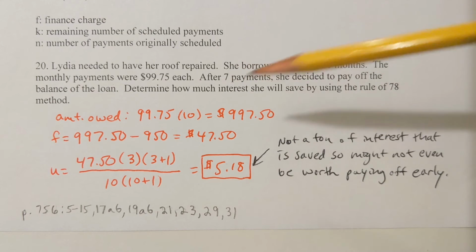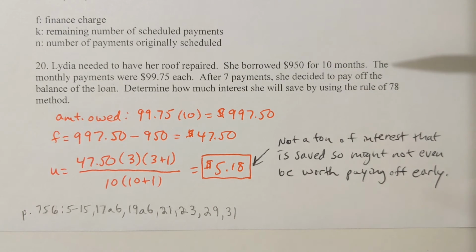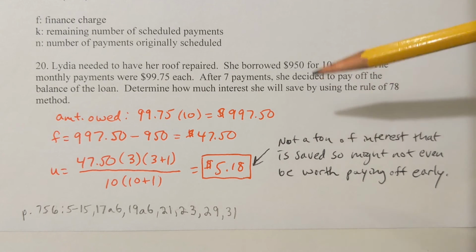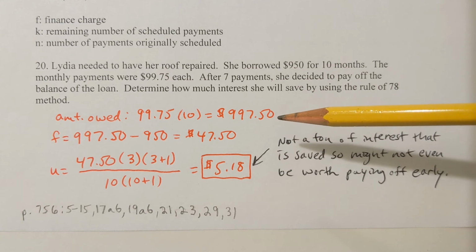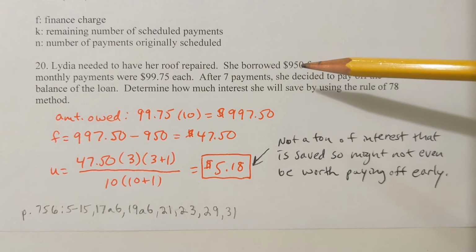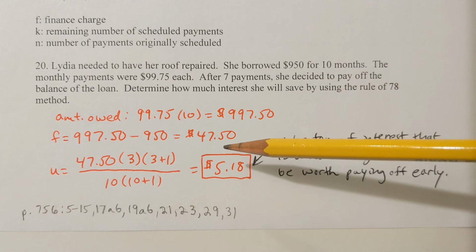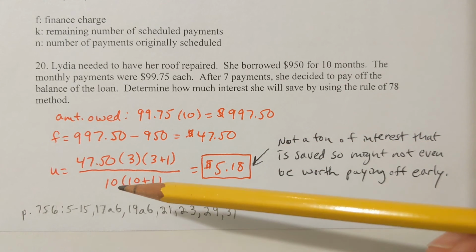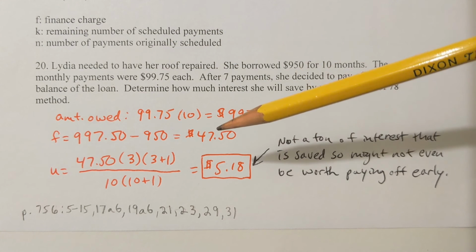So she's going to pay $99.75 for 10 months, which means she's going to end up owing $997.50. She borrowed $950, so there's going to be $47.50 in interest.